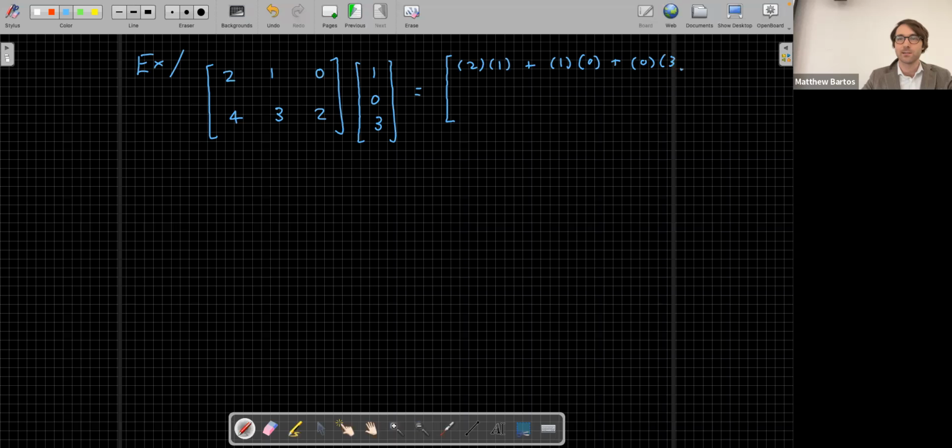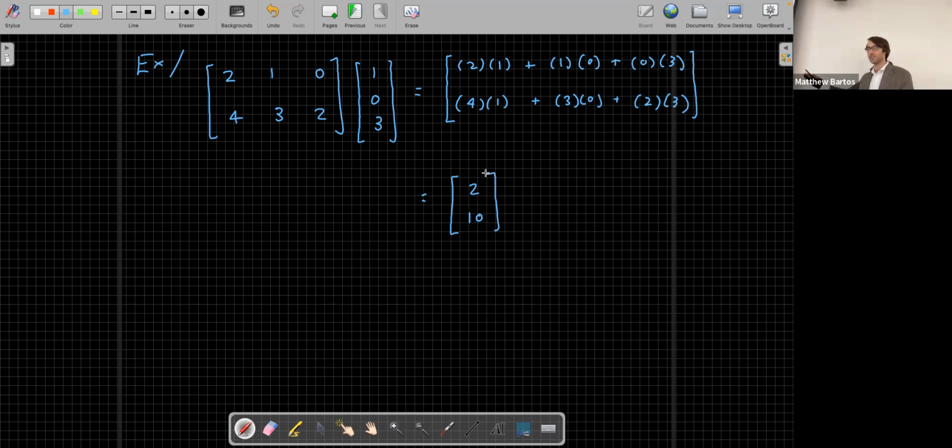So we took the inner product of the first row with our vector X. For the second row of our output, we take the inner product of the second row with X, so we have 4 times 1 plus 3 times 0 plus 2 times 3. If we perform this calculation, we get the answer 2, 10.